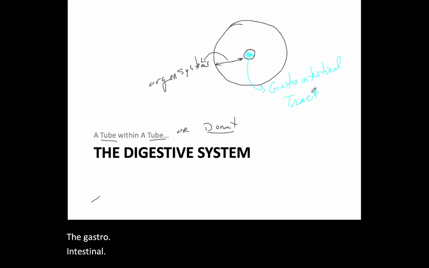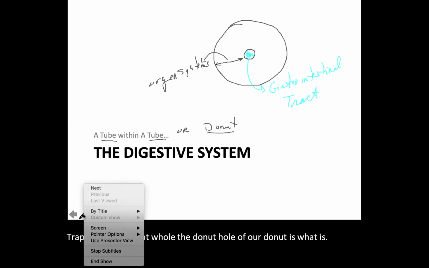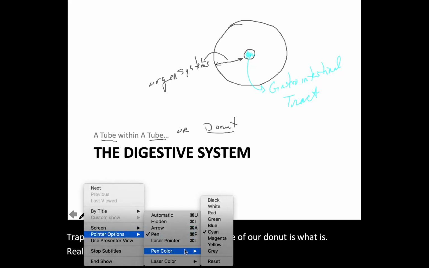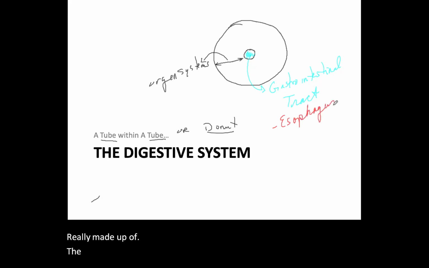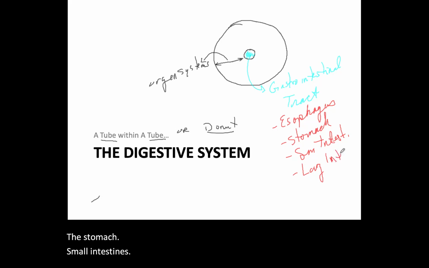That hole is really made up of the esophagus, the stomach, the small intestines, the large intestines, and the rectum.